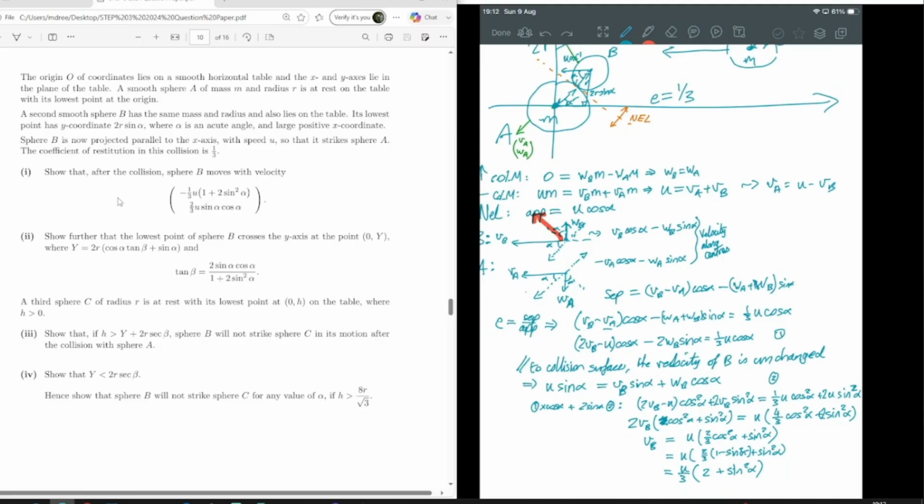My speed of approach is u cos alpha pointing towards the intersection. My speed of separation, I think that's simply it. This thing should be the opposite way round, because that speed of separation really looks negative.